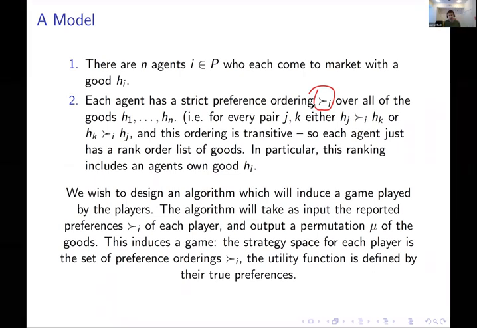Once we specify an algorithm, then we can start talking about the resulting interaction as a game. And our goal is to design an algorithm that not only comes up with some good allocation, but induces a game such that it is a dominant strategy for every player to report their true preferences. Does that make sense?